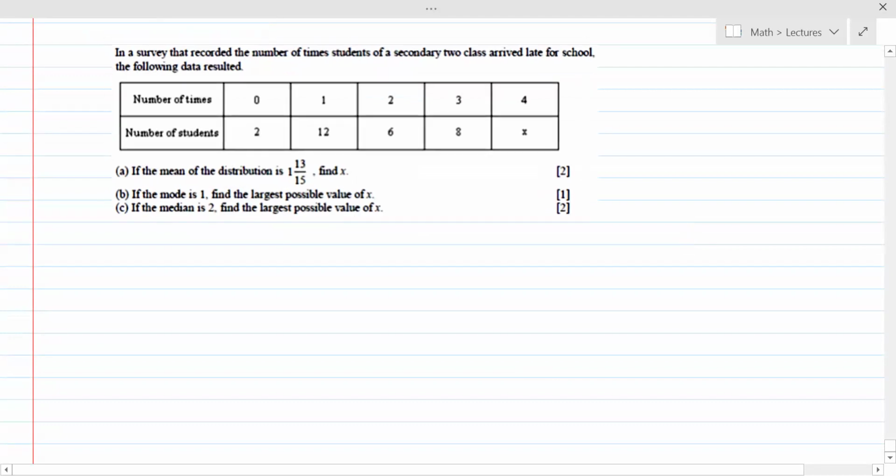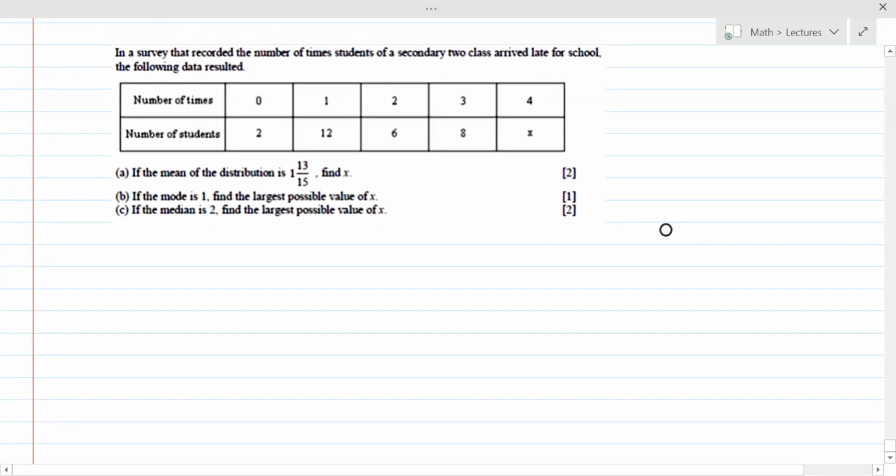Okay, unlike the previous set of questions, where mean was supposed to be found, here in case of this question, mean is unknown. Looking at this question, this is about a survey that recorded the number of times students of a secondary 2 class arrived late for school, and the following data resulted.